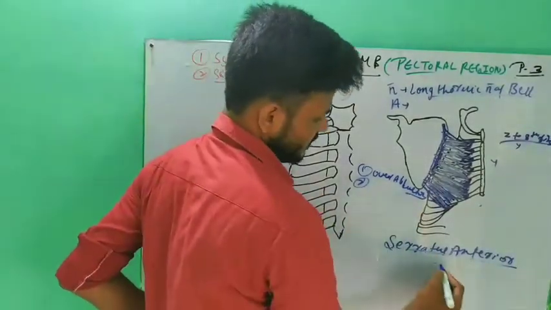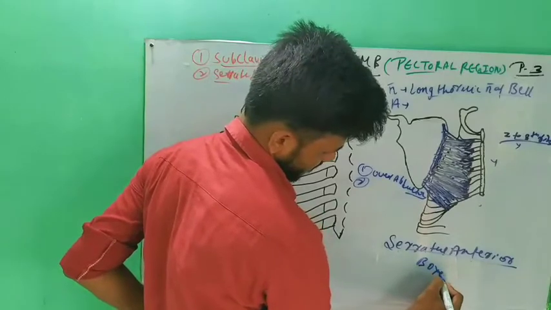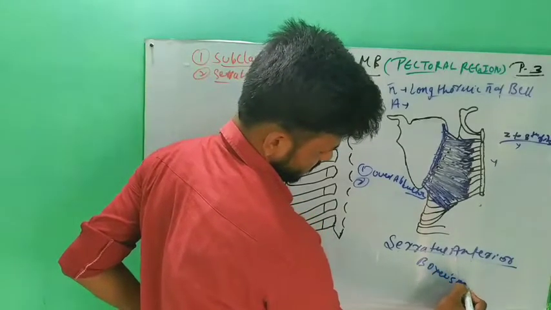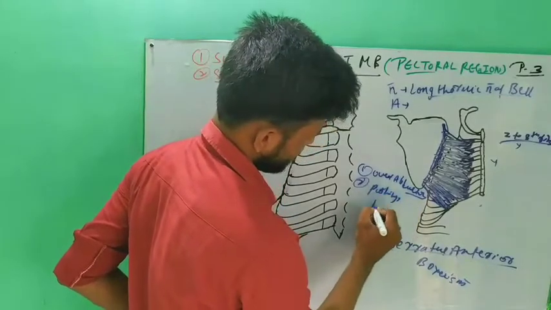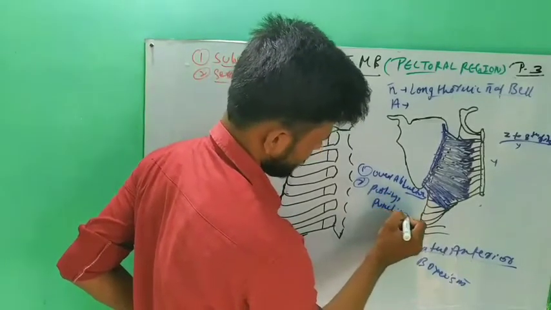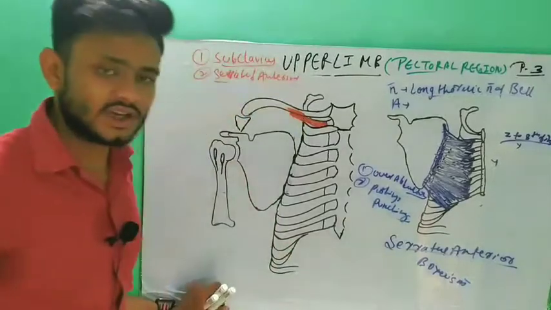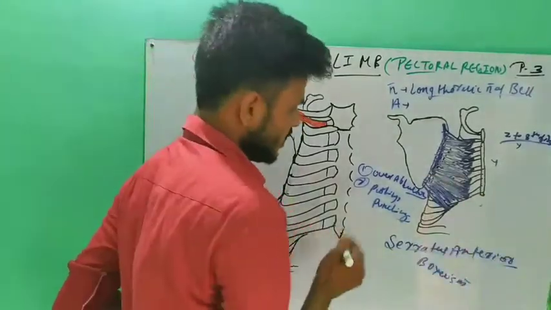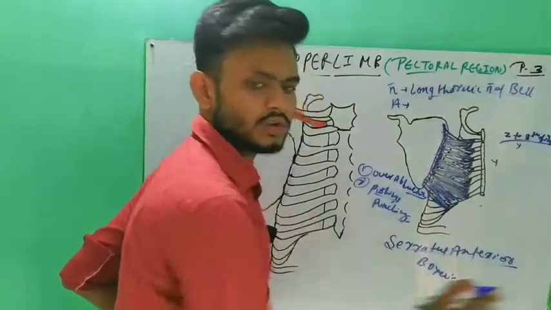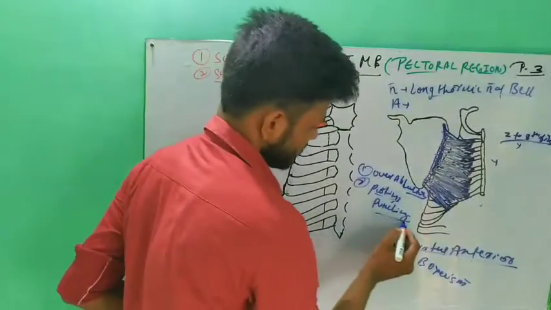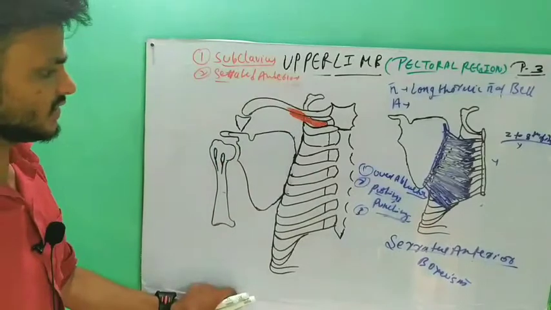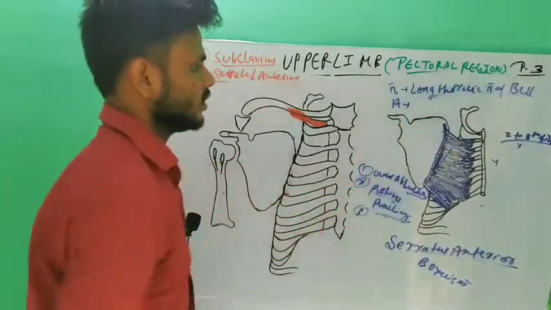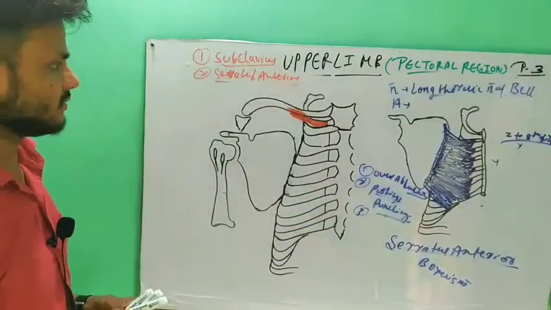That's why it is called the boxer muscle. And it also helps in protraction. Pushing is also called protraction. So these are the functions and nerve supply of the serratus anterior muscle.